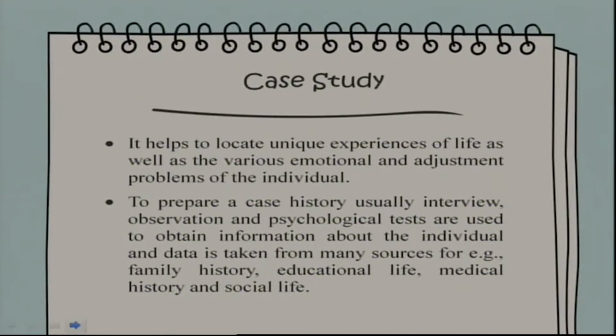Case study itself is a method to study an individual, but it also incorporates different methods in itself as well. So it involves observation, it involves interview, it involves psychological tests as well. Case study is usually used in clinical psychology a lot of times to gather information about the client or say the patient.